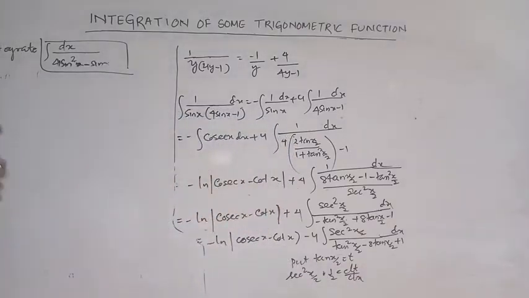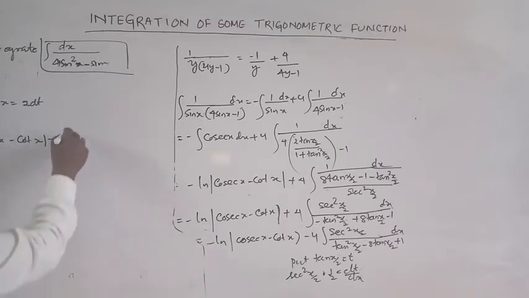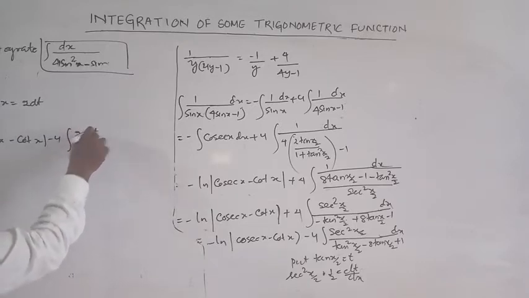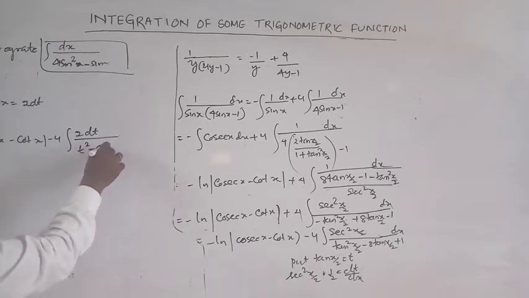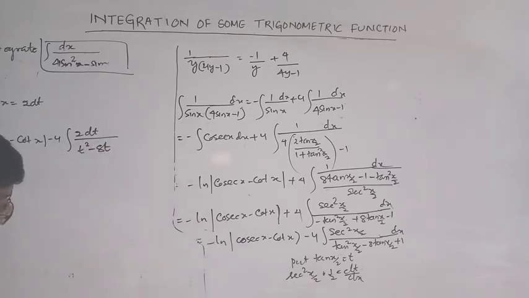So now sec square x by 2 dx is equal to 2 dt. Apply here, that is minus log of cosec x minus cot x and minus 4 and this is 2 dt by t square minus 8t, so plus 1.